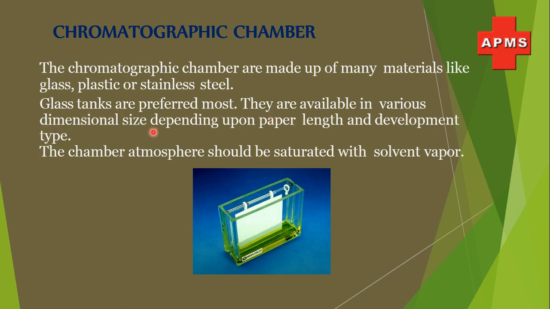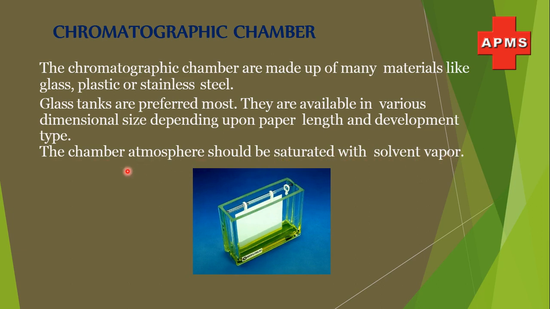They are available in various dimensions depending upon paper length and development type. If we want to use a large paper, then this chamber should be large. The chamber atmosphere should be saturated with solvent.